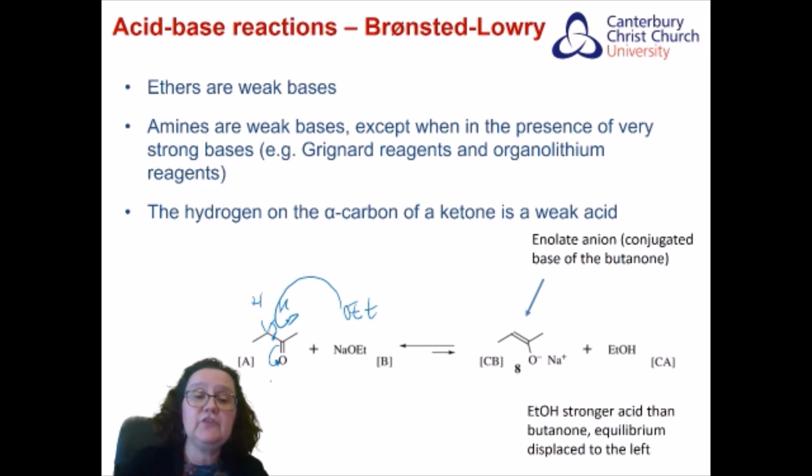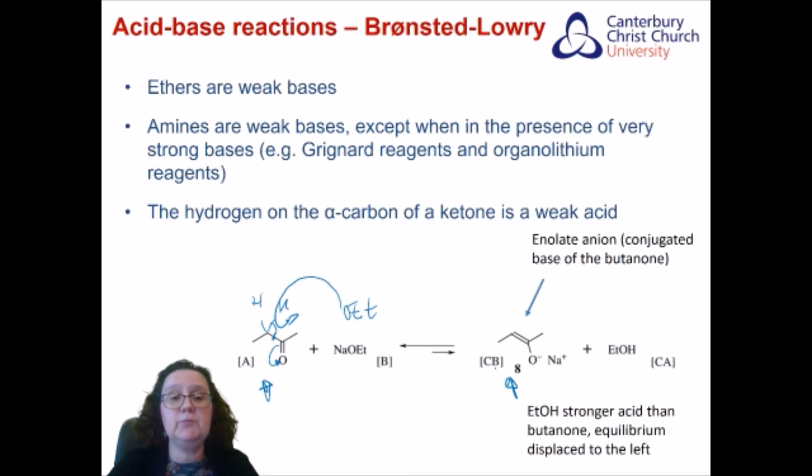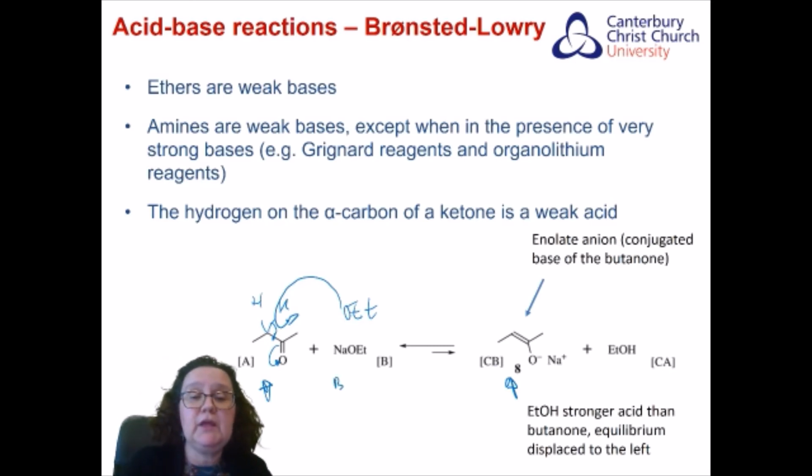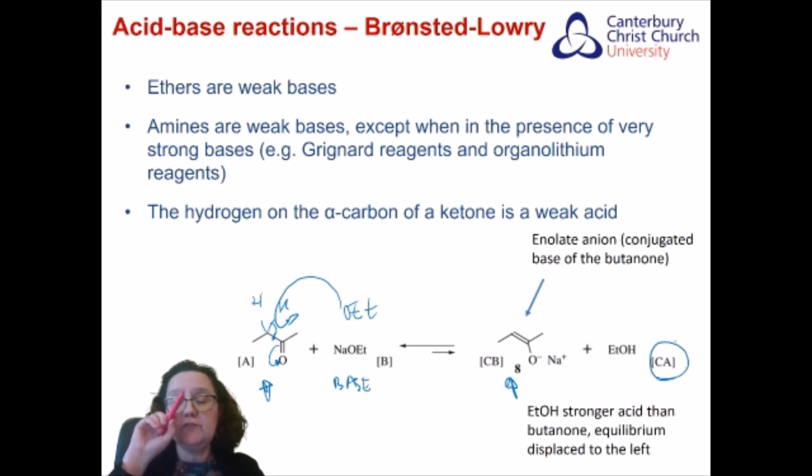So this would be the acid, and this would be the conjugated base for the butanone. And in this case, this would be the base, and this would be the conjugated acid for the sodium methoxide. So the conjugated acid for the sodium methoxide would be the ethanol. And ethanol is stronger as an acid than butanone.